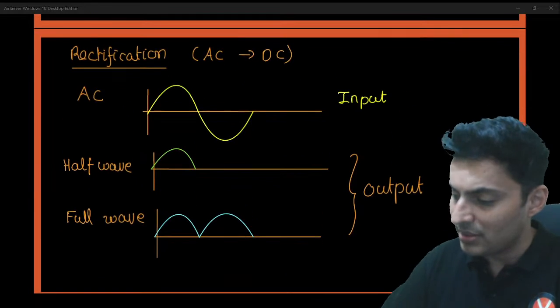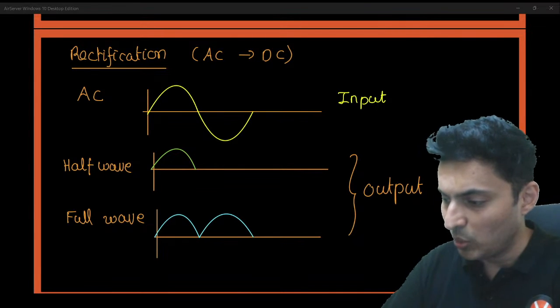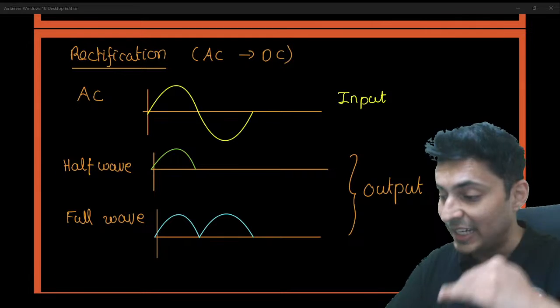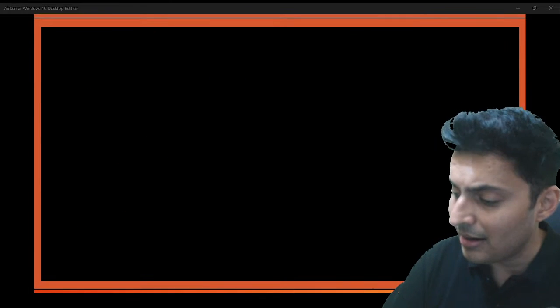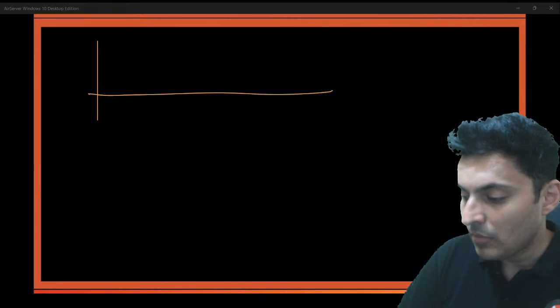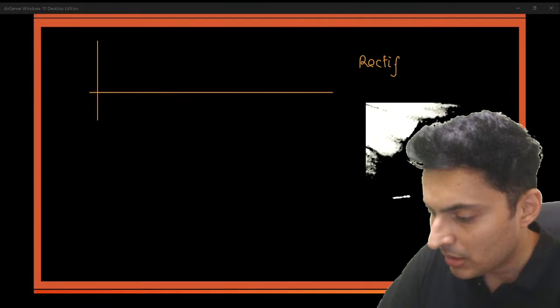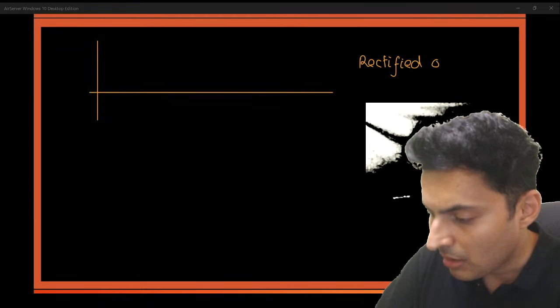You also use something called capacitors to ensure that the variations in them are negligible. So imagine this is the rectified output.